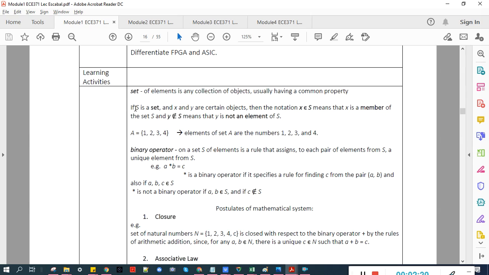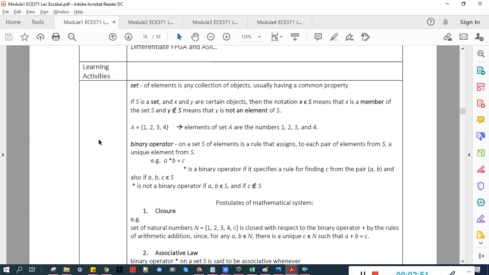For example, if S is a set and x and y are certain objects, then the notation x ∈ S, we read it as x is an element of S, means that x is a member of the set S, and y ∉ S means that y is not an element of S.